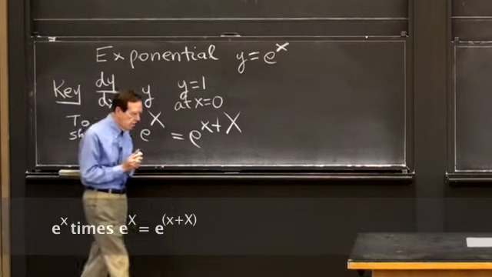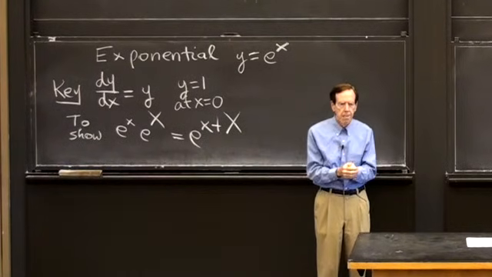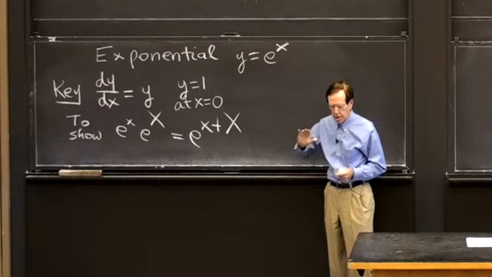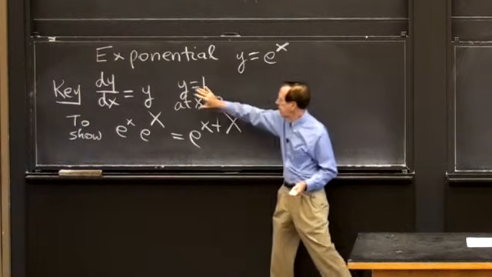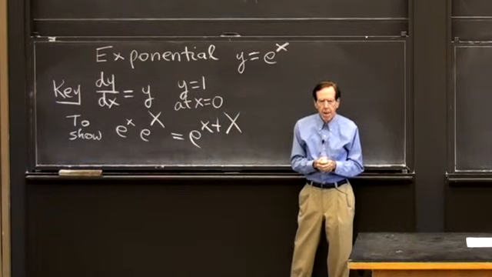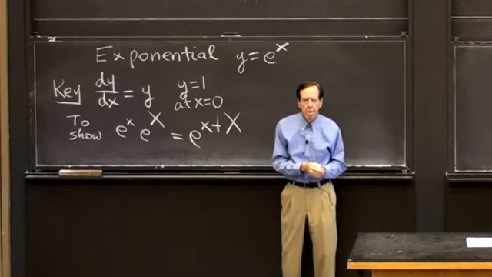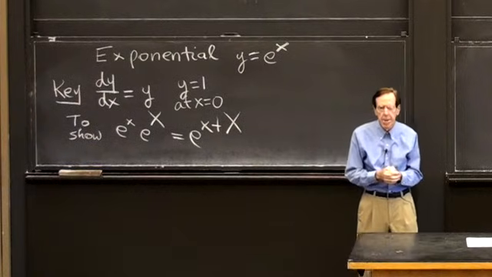So what will I do? Let me summarize in advance, outline in advance. I'm going to construct this function from its property. Then I'm going to check that it's got this property, that important equality there.